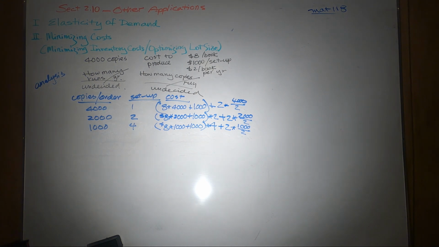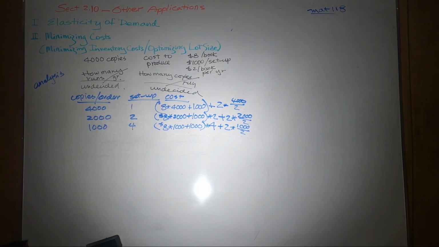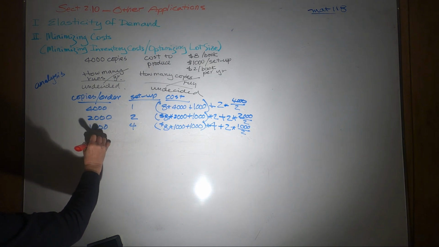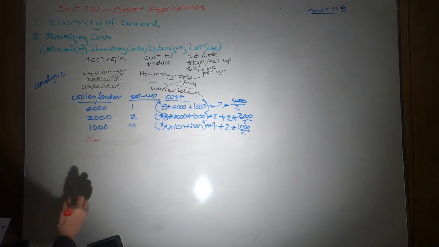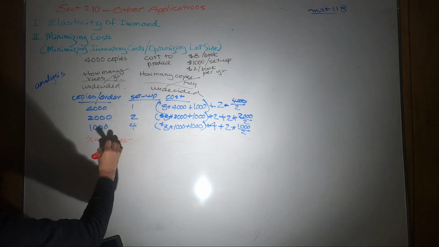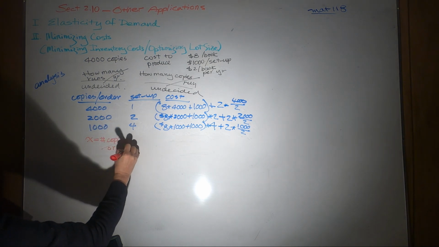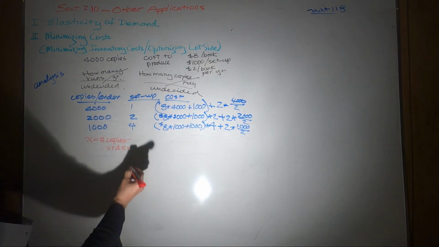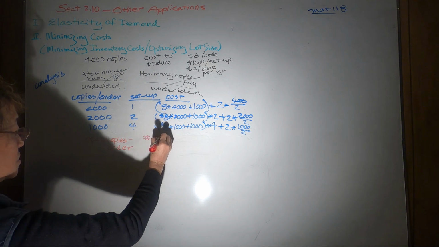So what's our X? How many things per order? So your X will be your number of copies per order, right? Then how many setups do you need? So how many orders per year?